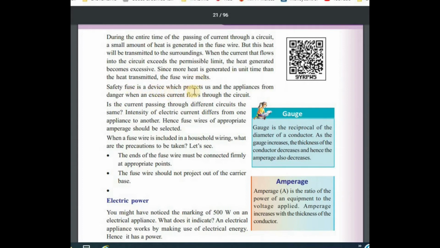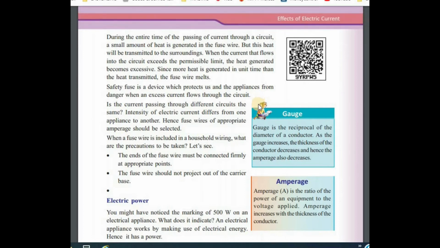A safety fuse is a device which protects us and the appliances from danger when an excess current flows through the circuit. Why is it called a safety fuse? When an excess amount of current flows through the circuit, the safety fuse wire melts and hence breaks the circuit, so that will protect the devices from the overflow of current.